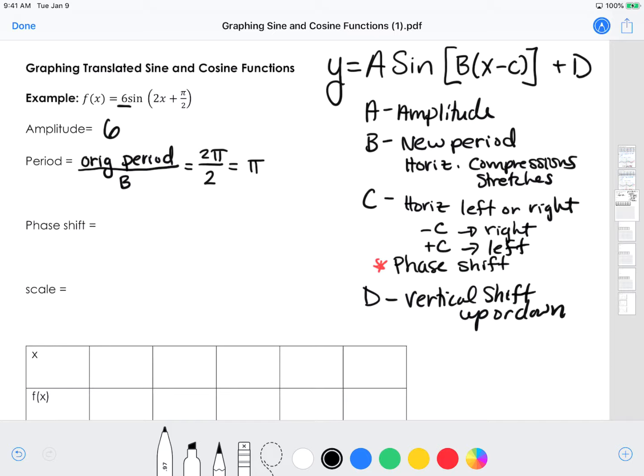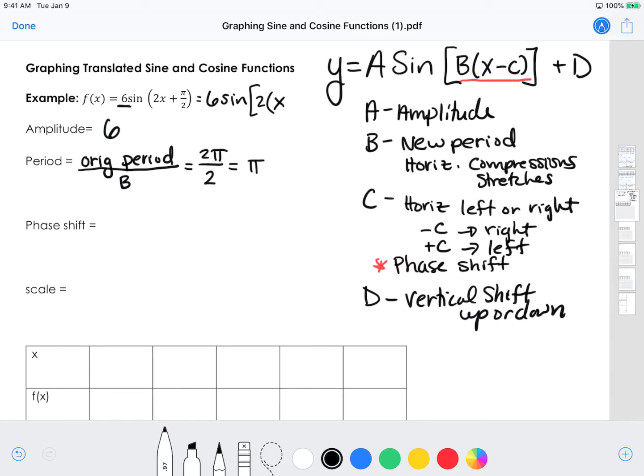In order to figure out what c is, I need to put it in this form where b is factored on the outside of the parentheses. And that will help me determine the phase shift, how it's horizontally shifted. So I'm going to rewrite this as 6 sine, and I'm going to pull out the 2. And when you factor, basically what you're doing is you're dividing everything on the inside. So 2x divided by 2 is x.